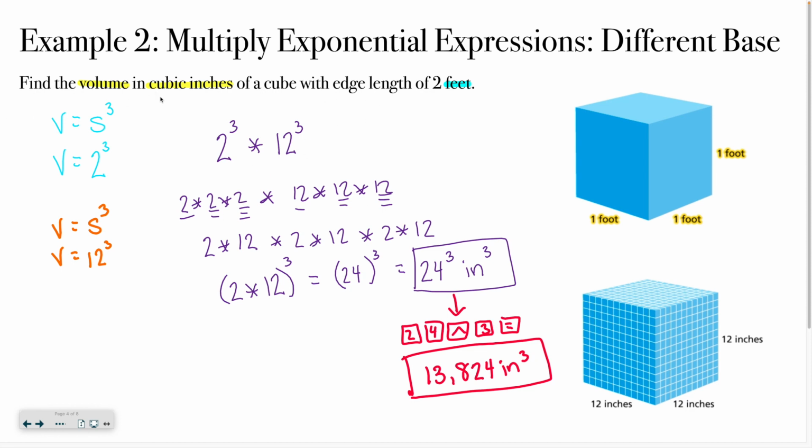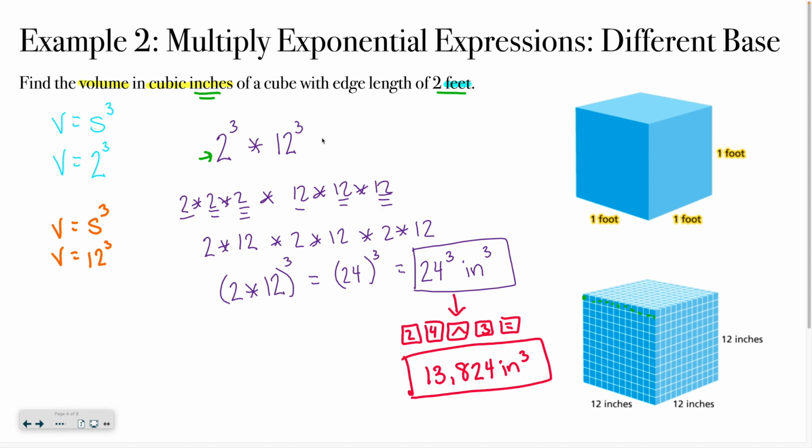Okay, so I was finding the volume in cubic inches from something that had a length in feet. So I started by figuring out what's the volume in feet, and since I know that feet is the bigger unit, I know that my number is only going to get bigger because I'm taking this cube and splitting it up into all of these little pieces down here, right?